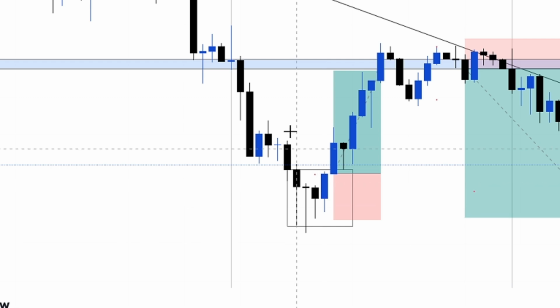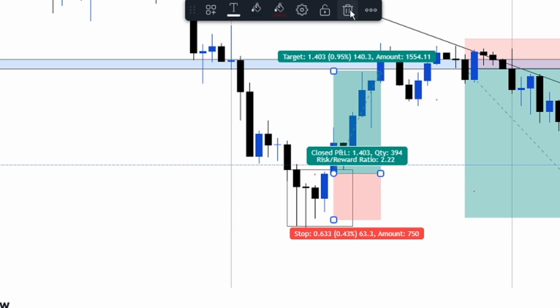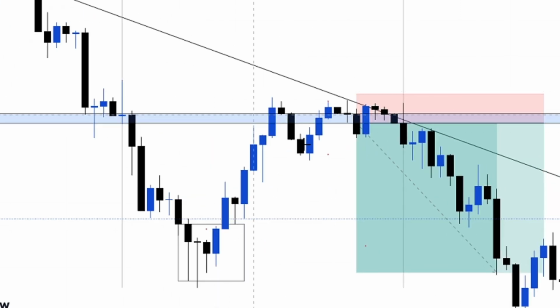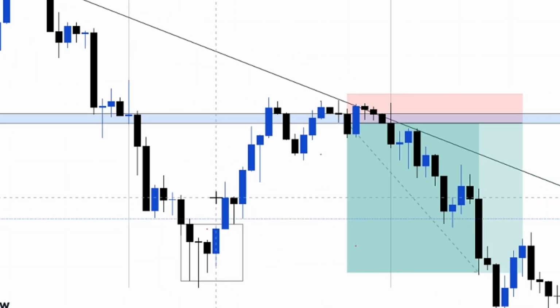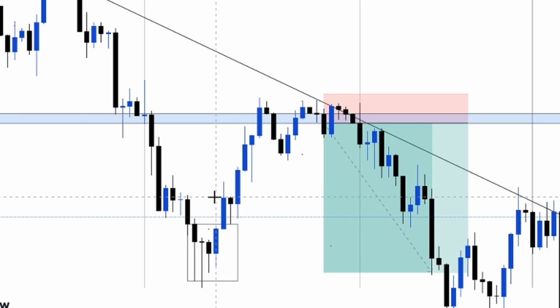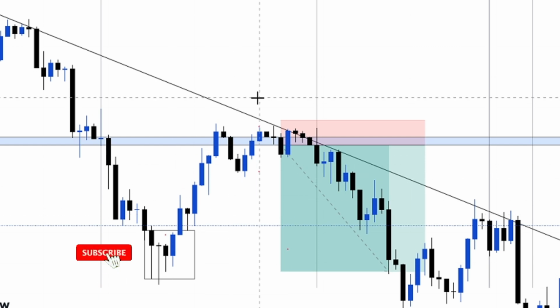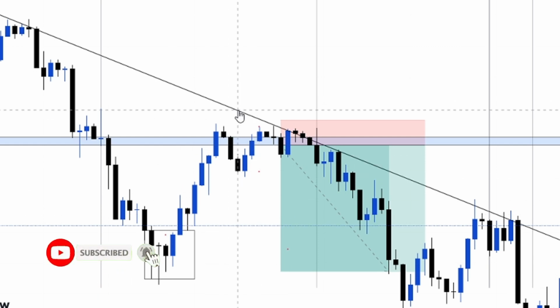Then you take that. So let's look at the entries that I've taken and see if that is exactly what I used. As this market approaches the trend line, I was waiting for it to touch the line.